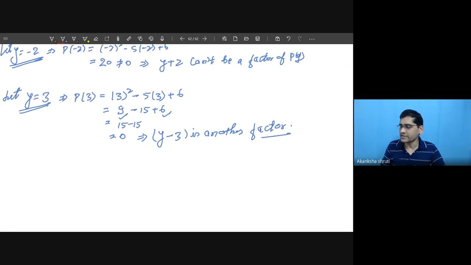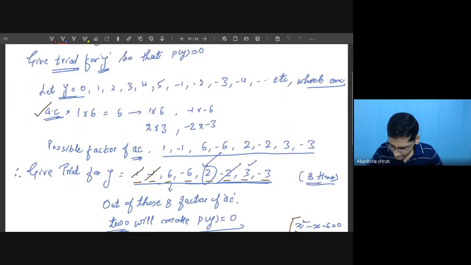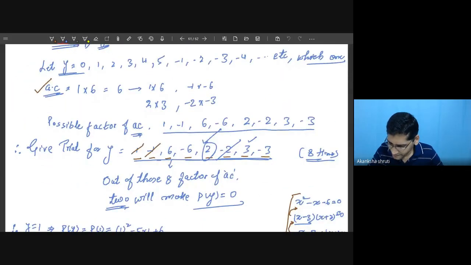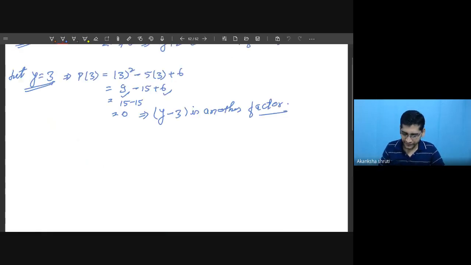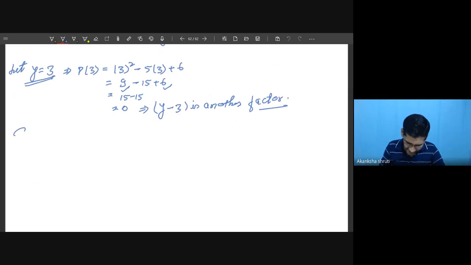Student, what are the two factors? If you try with the other ones, say this 6 or this minus 3, you will see these will also not satisfy. This way we observe that only 2 of these trials are satisfying, giving the factors. So what are the two factors that we have obtained by applying the trial?